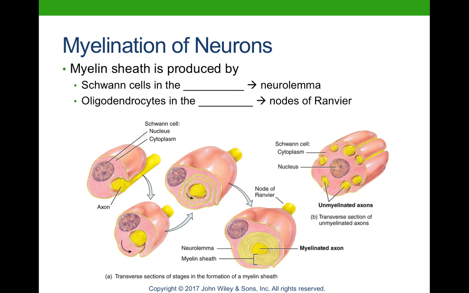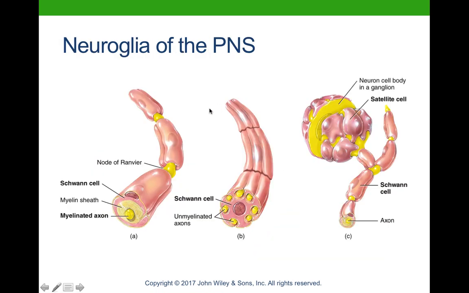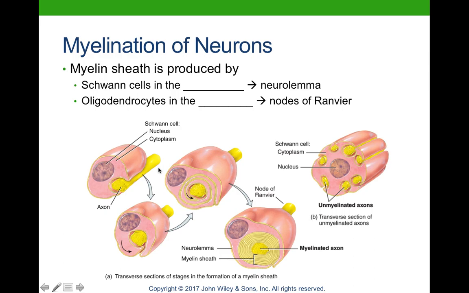The myelin sheath has gaps called neurofibril nodes or nodes of Ranvier along the axon. Oligodendrocytes will form myelin sheath for CNS axons. No neurolemma is formed in the central nervous system, and no regrowth after injury will occur.